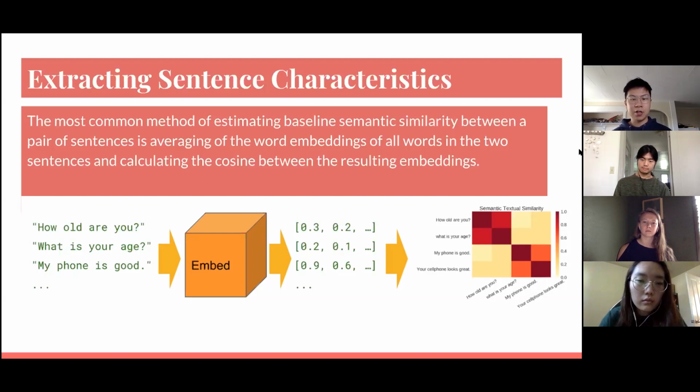How old are you is definitely identical to how old are you, so it's very closely related. And we also see what's your age is very closely related to how old are you. By using such techniques, we can compare how similar the meanings of the two sentences are.